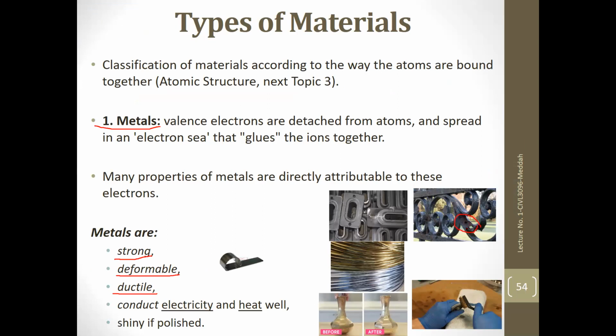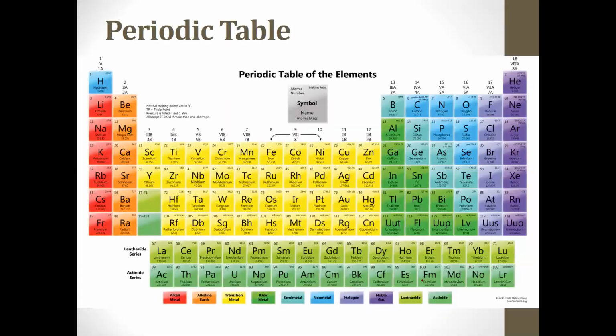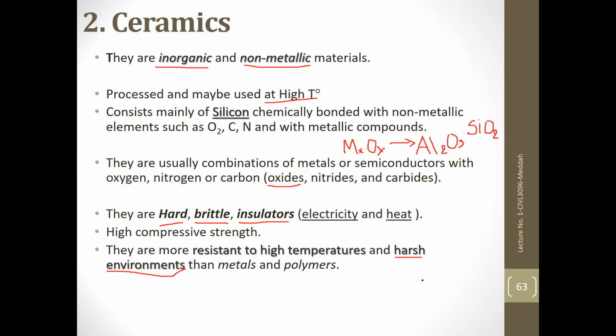This metal has been subjected to corrosion. You can see the signs of corrosion and deterioration of the metal due to the harsh environment, because this is used outdoors. But ceramic materials have very good resistance to harsh environments compared to metals.